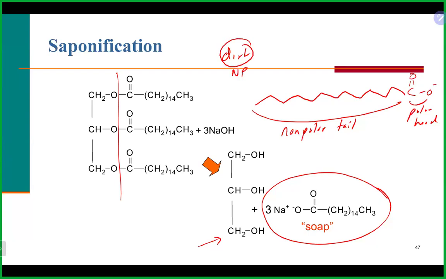And because of that, it is going to be super attracted to the non-polar side of soap. And again, my little squiggly lines are the carbons. It will surround the dirt with the non-polar part of soap, and it traps it in what's known as a micelle and just traps the dirt in it.